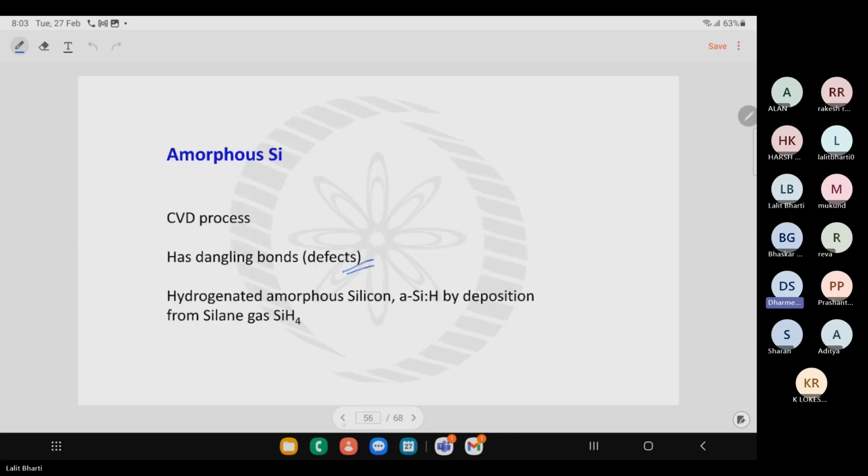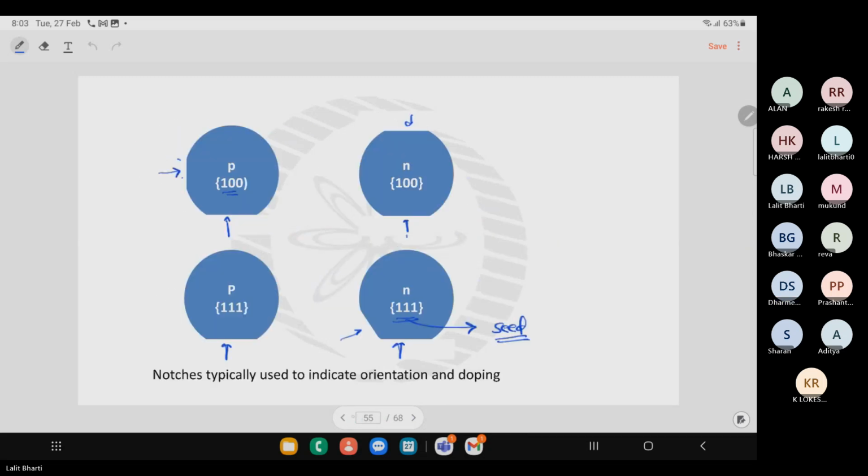With these notches, we observe what type of semiconductor it is, whether P type or N type, along with the orientation number 100, because P type can be 100 and N type also 100. For the P type, you see one cut is at the left side and one is at the lower side.